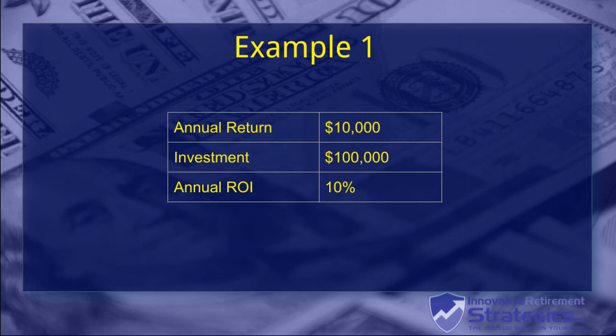I think when I came up with this example, I was thinking in terms of a rental property that generated $10,000. So it's all relative. These are just numbers for example's sake. So again, this is the client using his own money, putting it into an investment, making $10,000, 10% ROI.